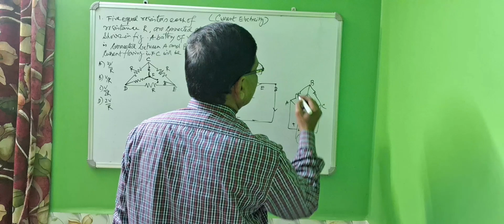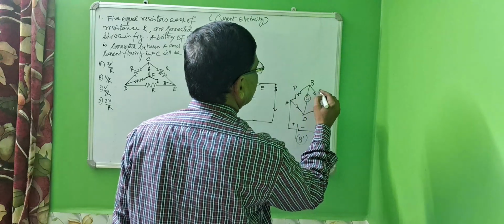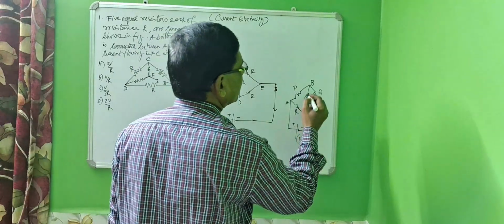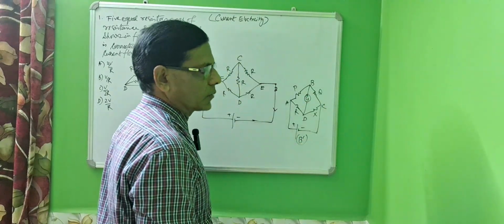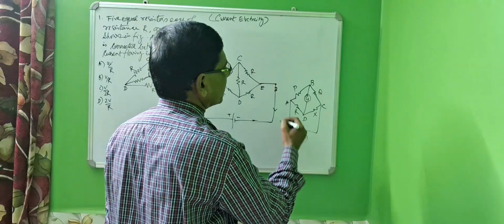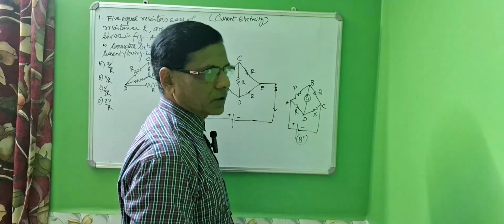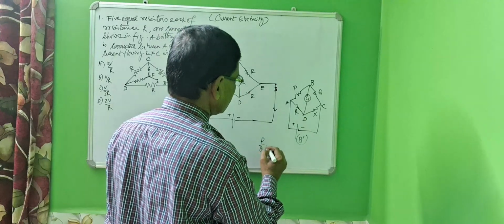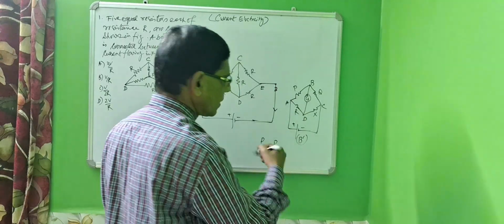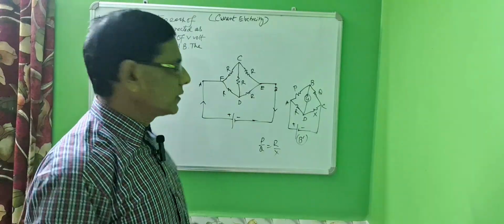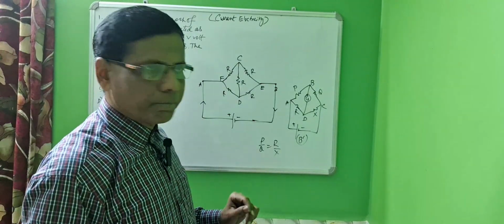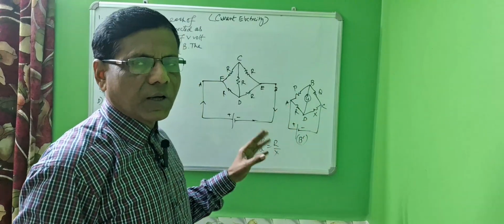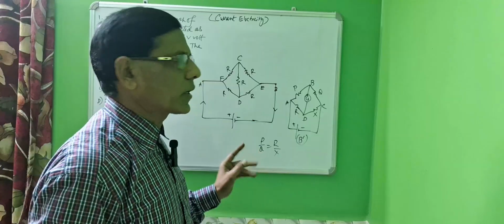If the resistances are P, Q, R and X, and if there is no galvanometer current while current flows through the circuit, for the BD sub-circuit, then we can write P by Q equals R by X. In another word, if P by Q equals R by X, then the BD sub-circuit is currentless.